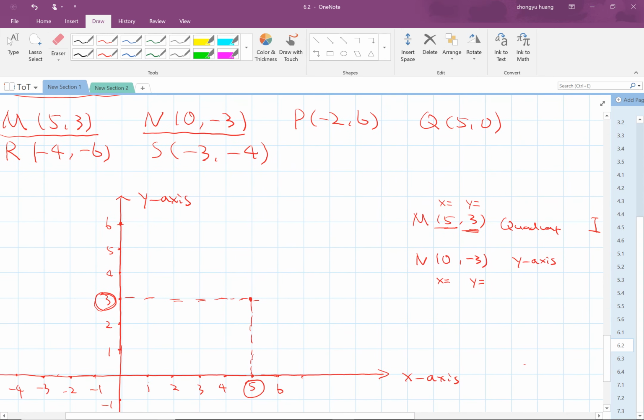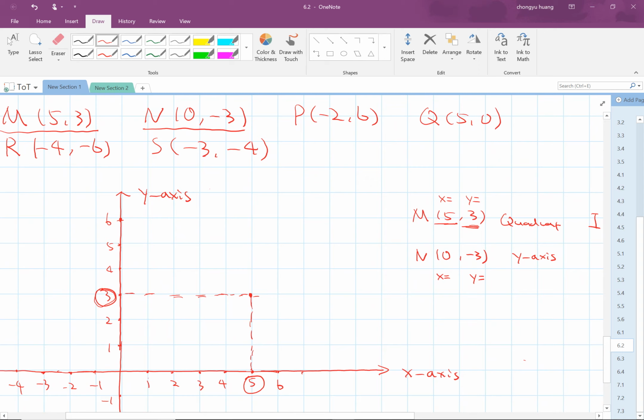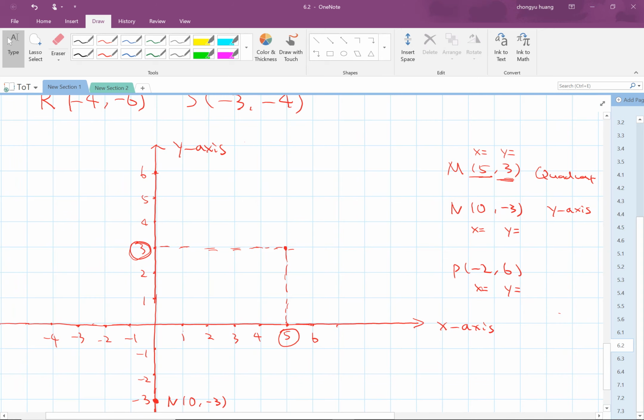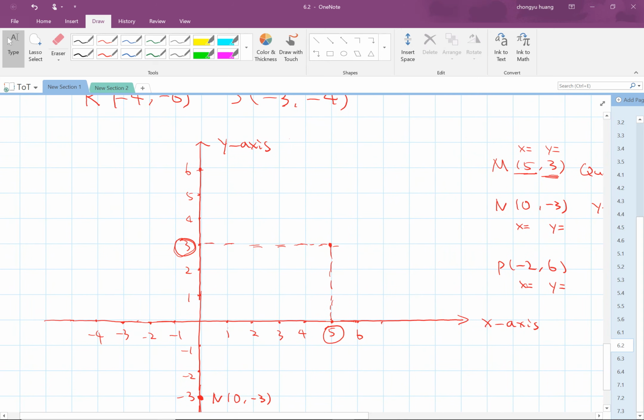Okay, so now let's focus on p. The next point is p, (-2, 6). Okay, x equal to -2 and y equal to 6, right? So looking at the graph, x equal to -2 is right over here, and y equal to 6 is right over here.